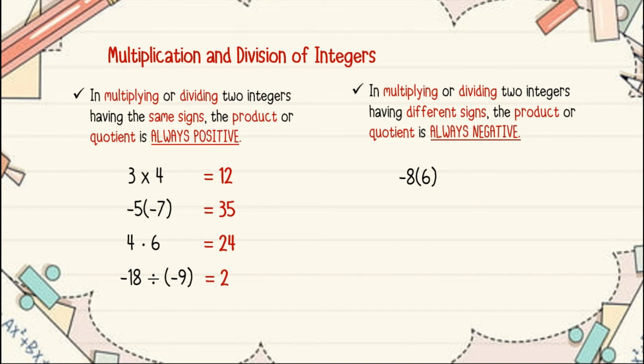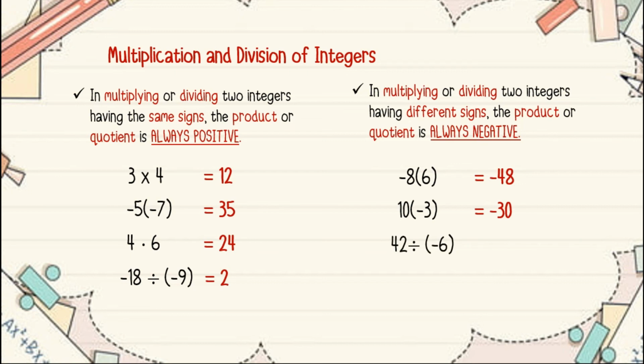And 8 times 6 is equal to 48. Therefore, the answer is negative 48. How about 10 times negative 3? Again, they have unlike signs. Therefore, the answer is negative 30.